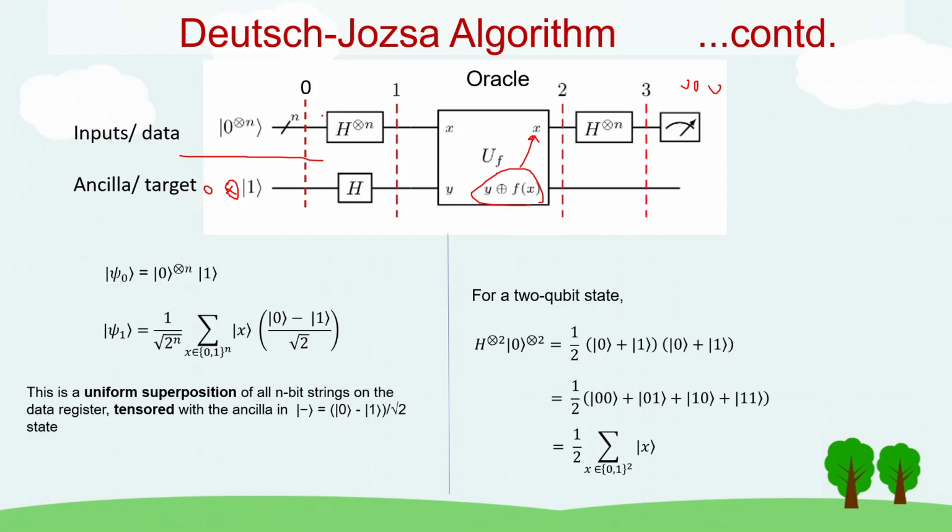So typically we do the analysis like this. What happened mathematically? We try to understand what's happening at each stage of these gates in the circuit. So we started with the zero state of all the n qubits, and one qubit is in the one state.